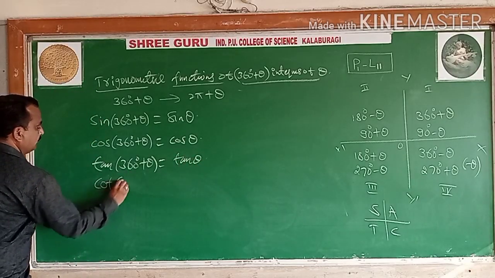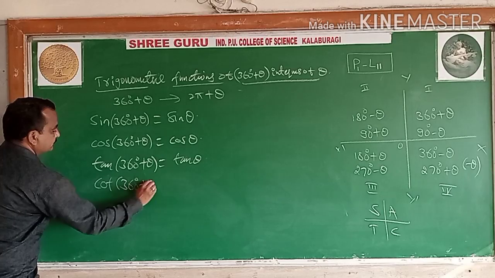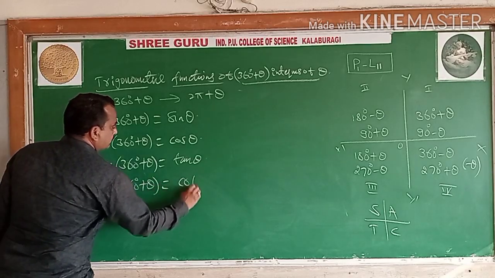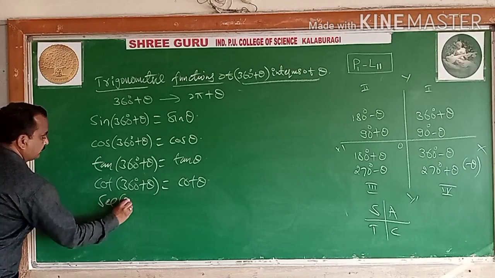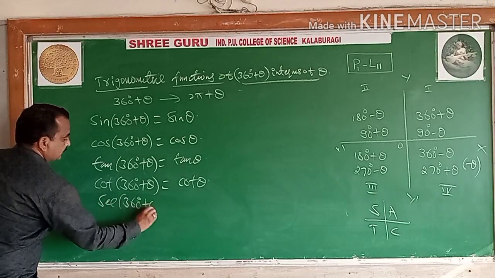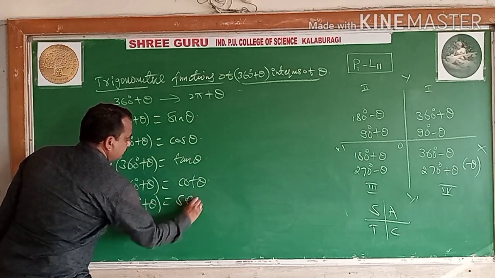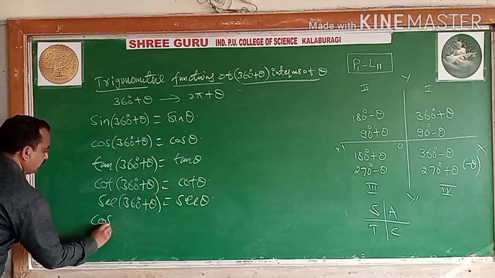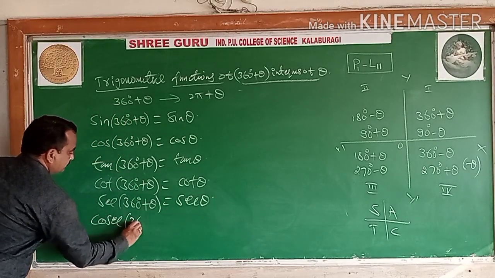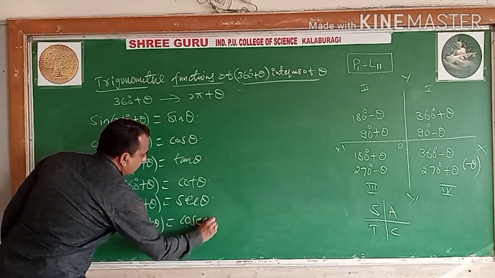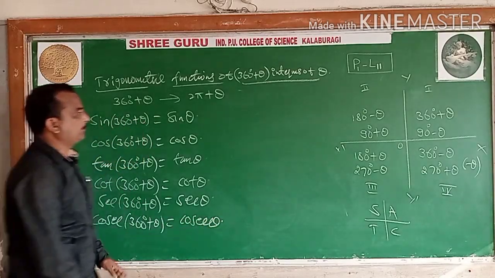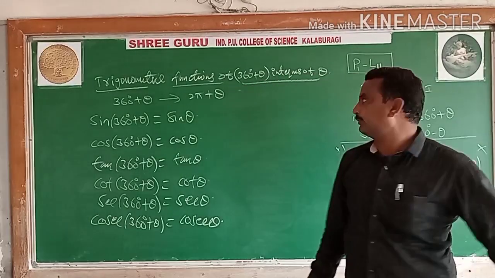Cot of 360 plus theta is cot theta. Sec of 360 plus theta is sec theta. Cosec of 360 plus theta is cosecant theta. Which quadrant angle is it? First quadrant angle. All the trigonometric functions are positive.